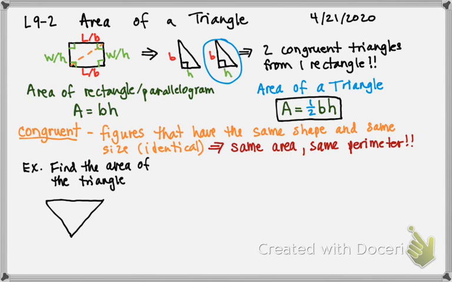You've got triangles that are scalene. You've got triangles that are isosceles. Scalene means none of the sides have the same measurement, and isosceles means two of the sides have the same measurement. You can have a right triangle, okay? All sorts of different things.